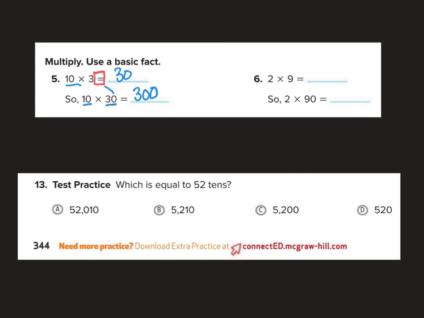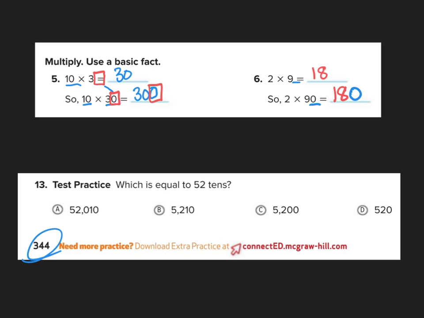Here, 0. So I need to get a 0 on the end. Let's try it again. 2 times 9, 18. So 2 times 90 would be 180, we got a 0. We went from 9 to 90. So I need to get a 0 on the end of my next multiplication problem.